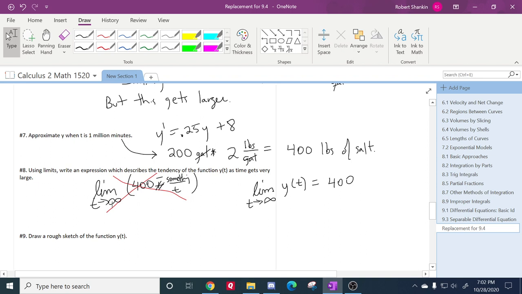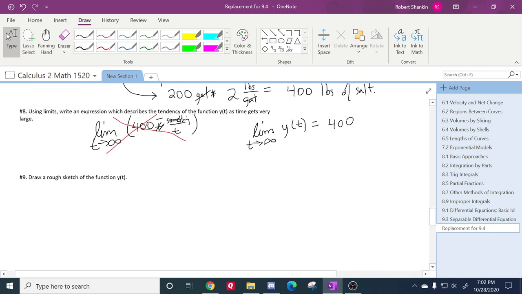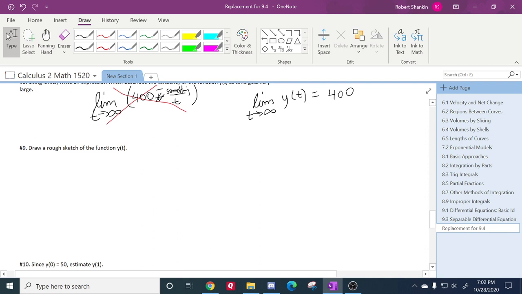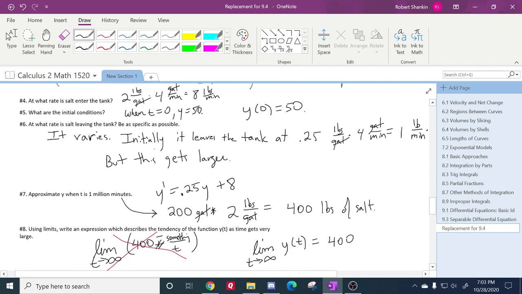Now, let's draw a rough sketch of the function y of t. And let's do this together here. We're going to label t and y. And what did we say?